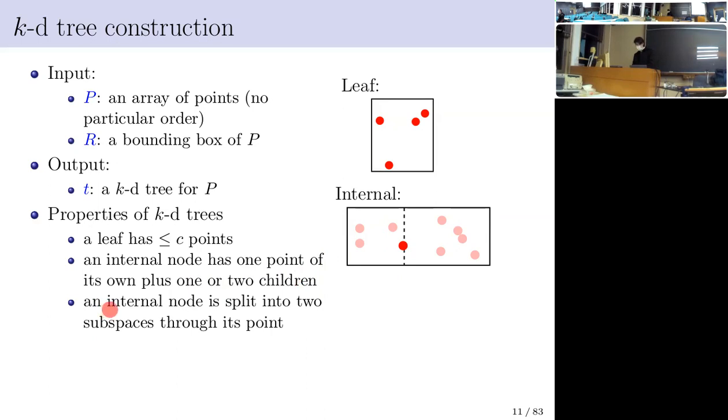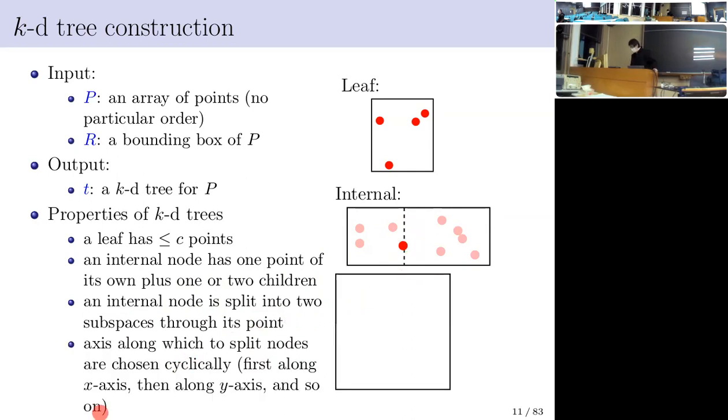Each internal node is split into two subspaces through its own point, like this. When you split this particular node into two, you can split it either vertically or horizontally. How you choose between horizontal and vertical, you can do in several ways.